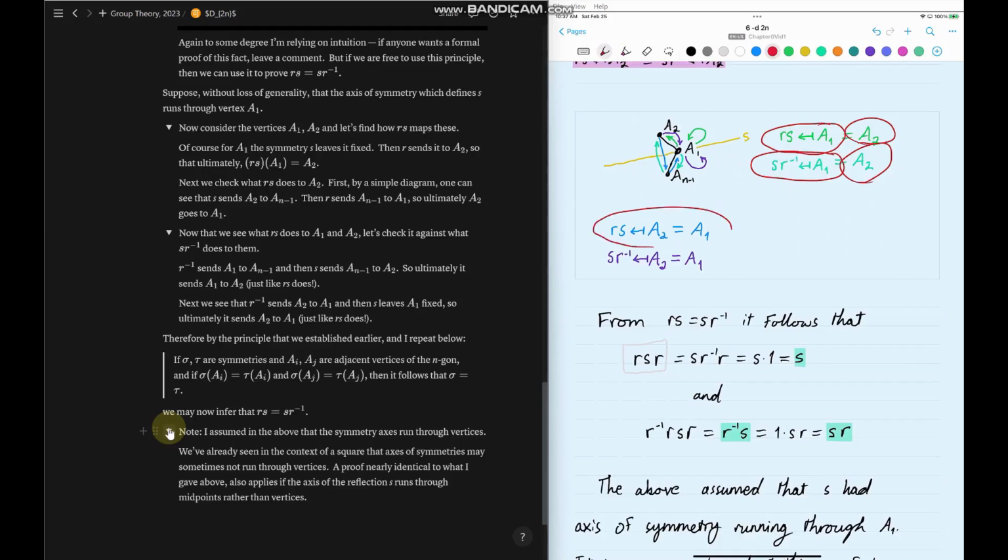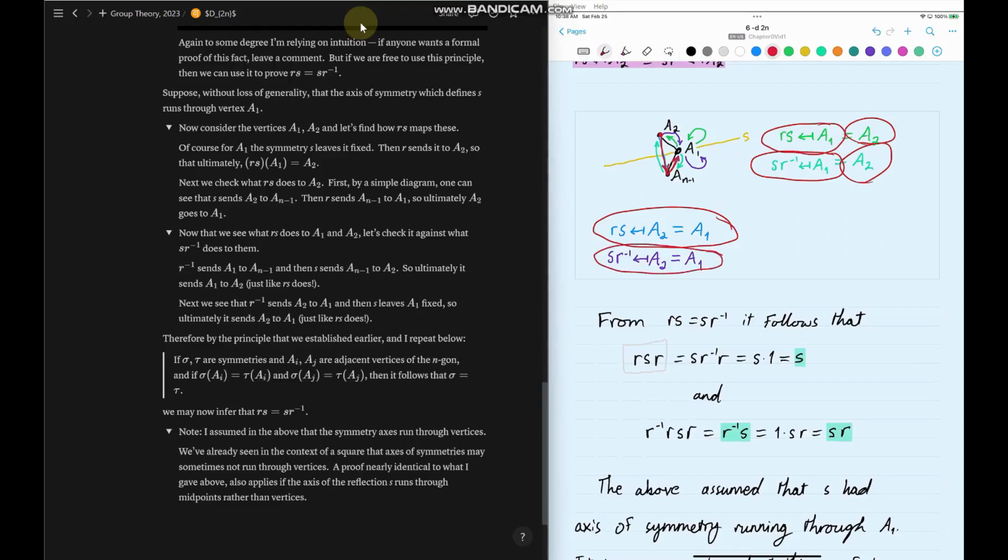Next, we check what RS does to A2. It sends it to A1. How do we know? Well, if you start from A2 and apply the reflection, then we come down to A(n-1), and then R sends A(n-1) to A1. So ultimately, the symmetry RS sends A2 to A1.